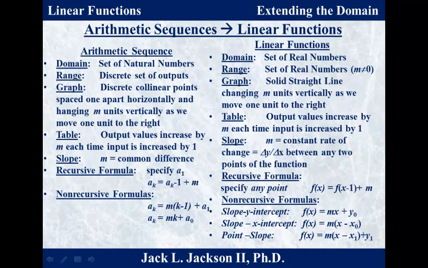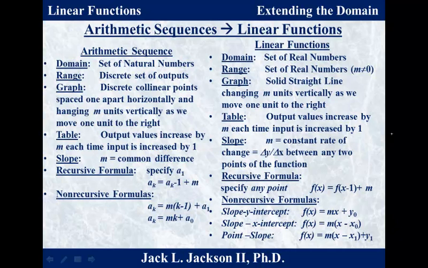In other words, if we want to find a particular a value, we go backwards 1 in the table to the previous k, find its a value, find its term, and add the slope. So we just add the slope each time. And this would work for any point in the linear function. If we want to find f of x, if we could just find f of x minus 1, then we could add the slope to that, and that would give us our output.